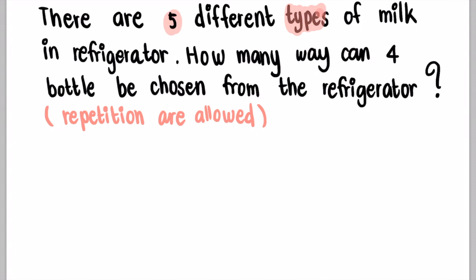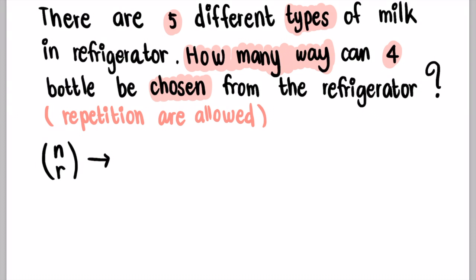In this question, they give 5 different types of milk and ask how many ways 4 bottles can be chosen from the refrigerator. So, repetition is allowed. We use this formula.